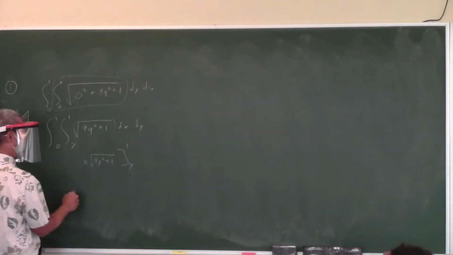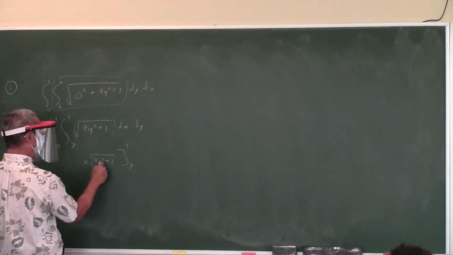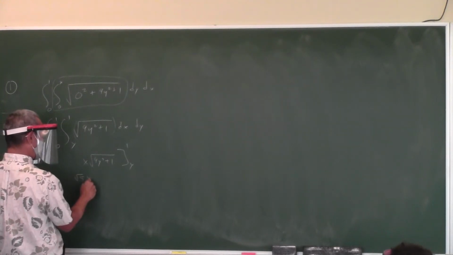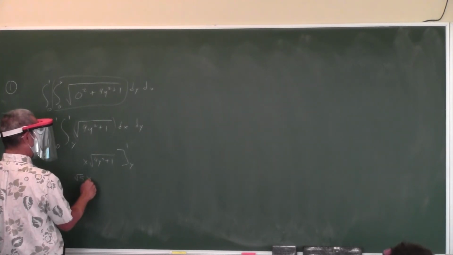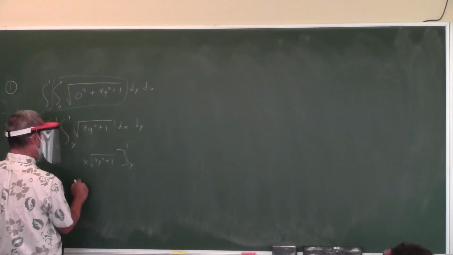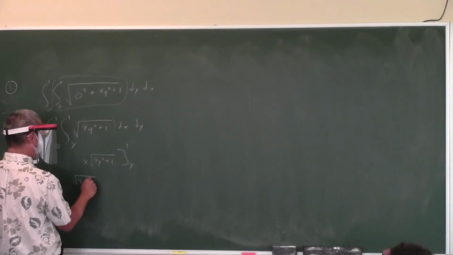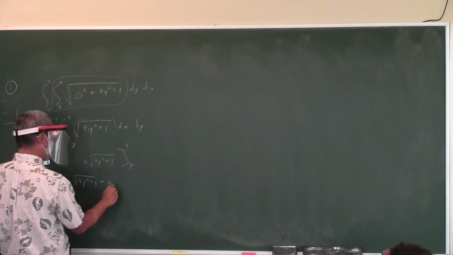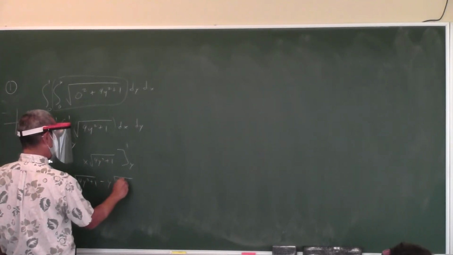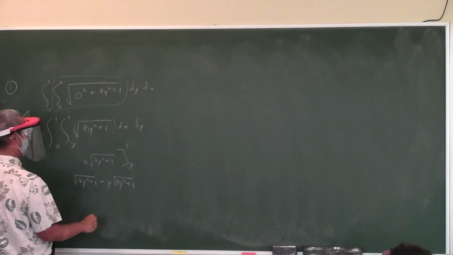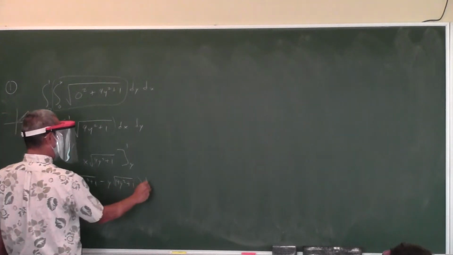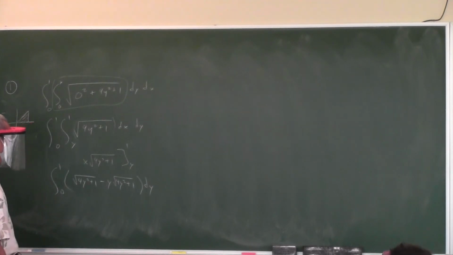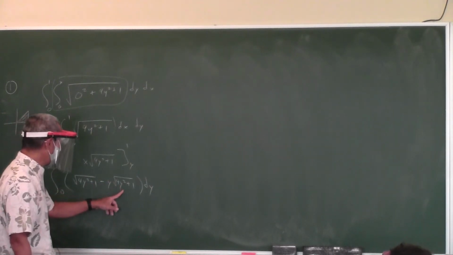If you plug in 1 for x here, you get root 4y squared plus 1, minus y root 4y squared plus 1. And then you integrate that with respect to y from 0 to 1. This would be way faster because you just do a u substitution of that.